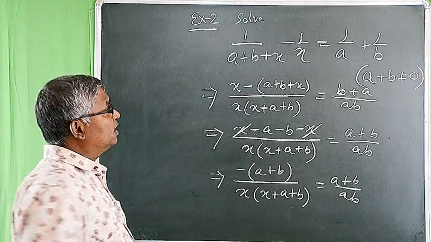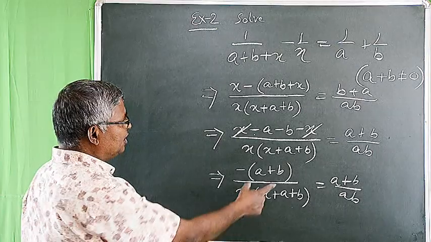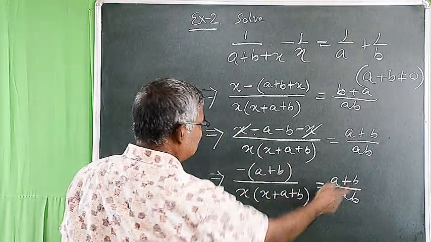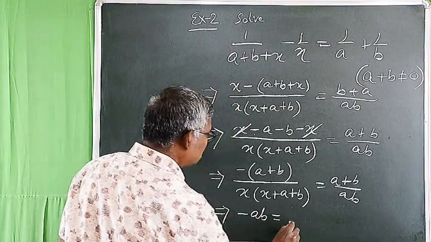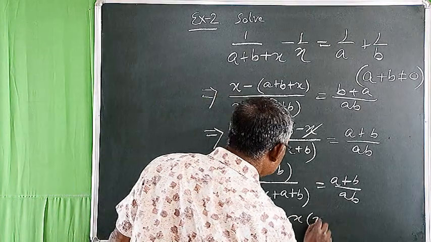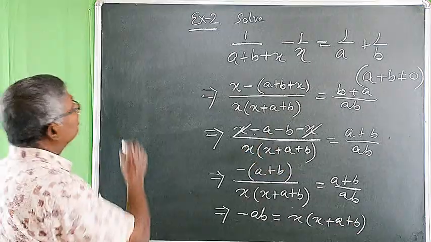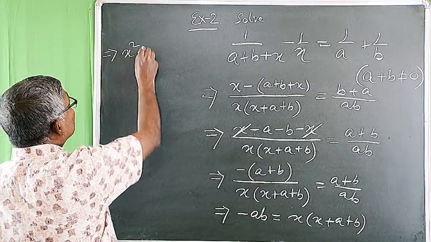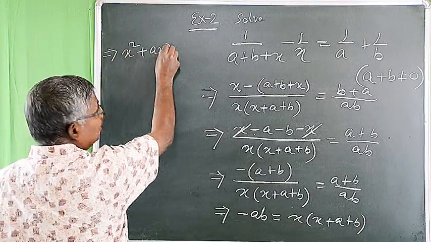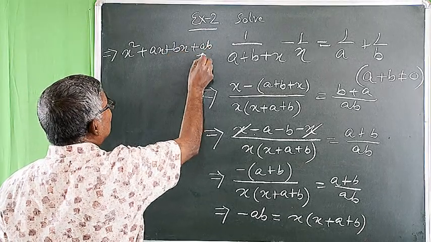Students, here given that a plus b not equal to 0, so we can divide both the sides by a plus b. This implies that minus ab equal to x into x plus a plus b. This implies that x square plus ax plus bx plus ab equal to 0.